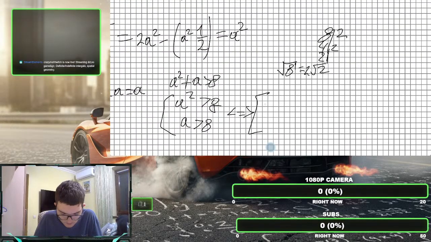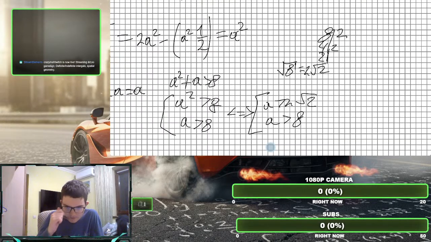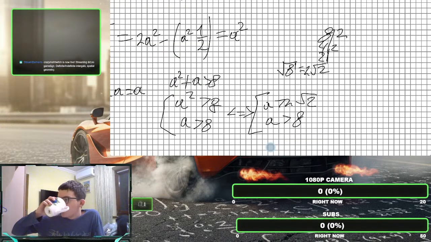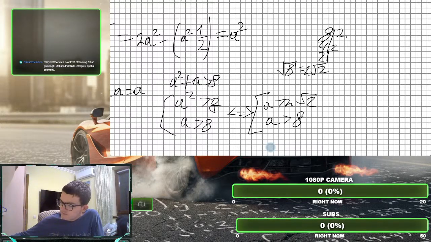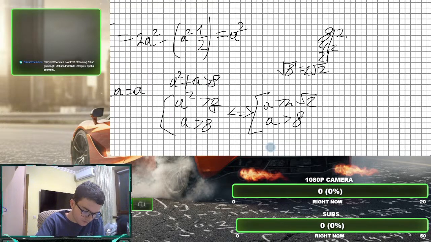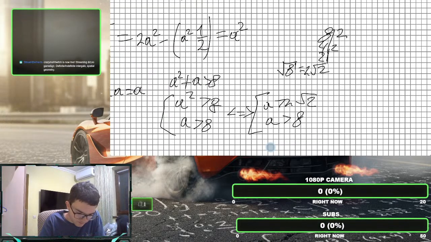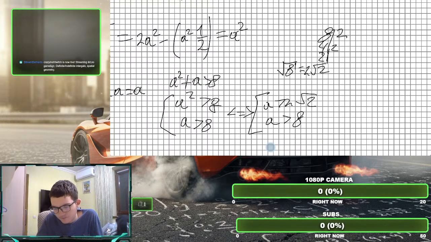So a is larger than 2 square root of 2 and a is larger than 8. I got that for now. Let me see. So yeah, I'm gonna do this one later, perhaps.